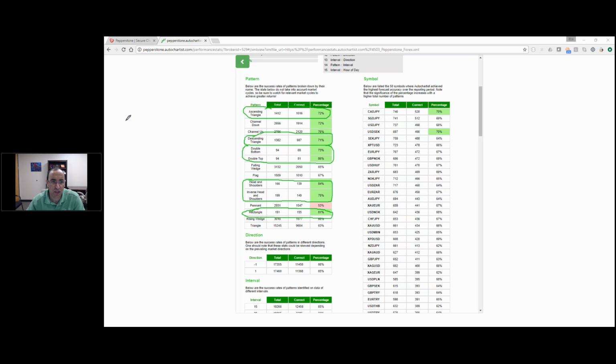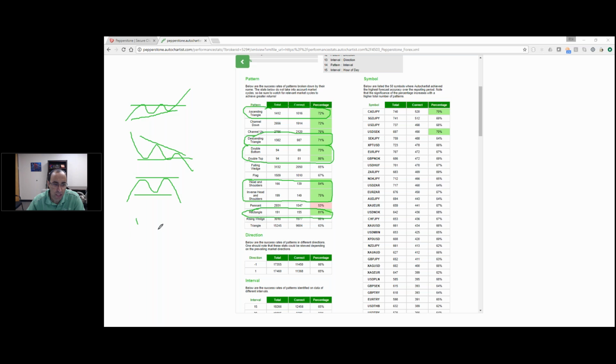This is what an ascending triangle looks like. This is what a descending triangle looks like. Watch carefully, because I'm going to ask you what these have in common. This is what a double top looks like.